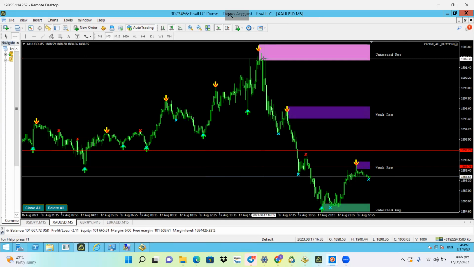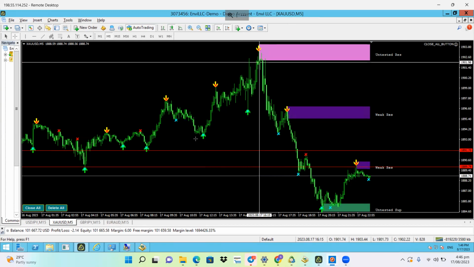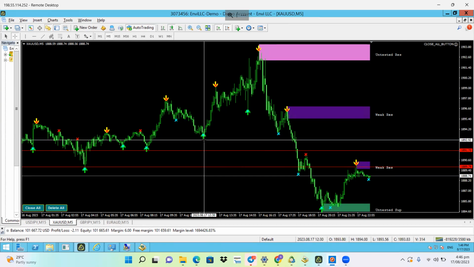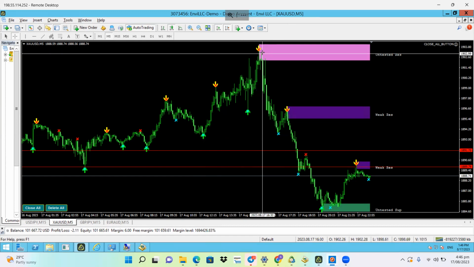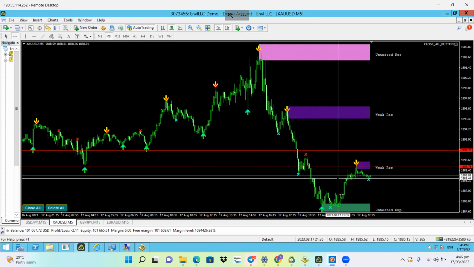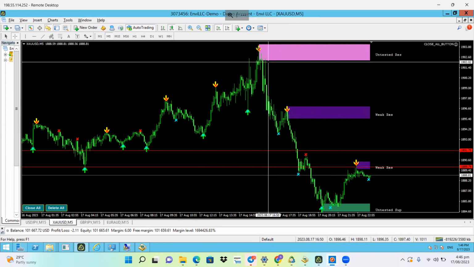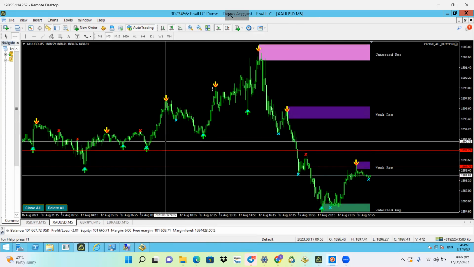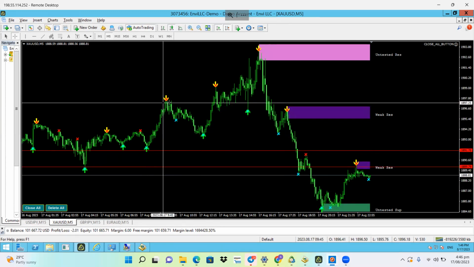But look at what happens when you guys wait to trade with the trend versus going against it. You could have caught a buy here from 1893 to 1902, or you could have been patient and waited for the sell, where you could have caught the sell from 1903 all the way down here. So look at the difference between trading with the trend and going against it. When you go against the trend, you catch a lot less pips.